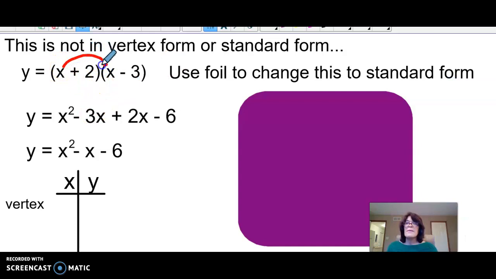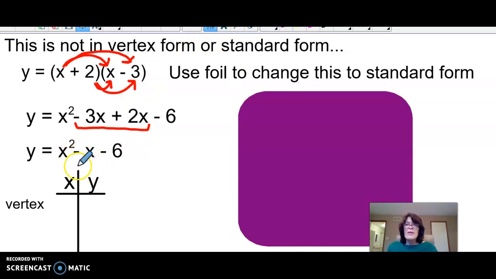I'm taking x times x, that's x squared. I'm taking x times -3, that's -3x. I'm taking 2 times x, that's plus 2x, and then 2 times -3, which is -6. Okay? And then, of course, we combine our like terms. -3x plus 2x is -1x.